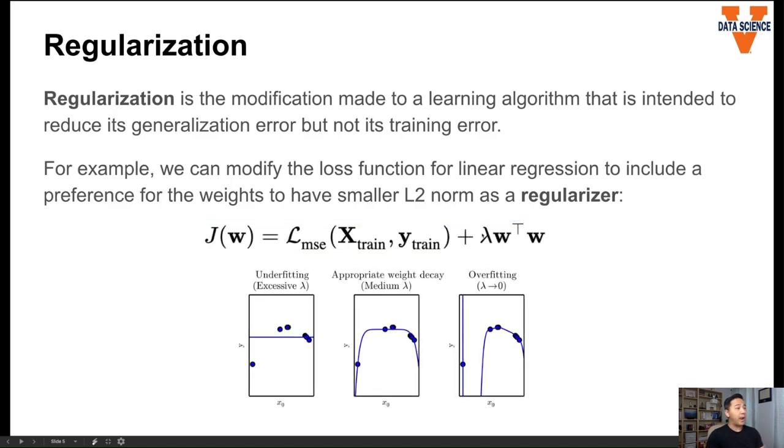You can see here we added an extra term into the loss function besides the MSE, so that it also minimizes the L2 norm of the weights. As a result, with a higher value of the parameter lambda, the weights stay really small and your model becomes somewhat simple.